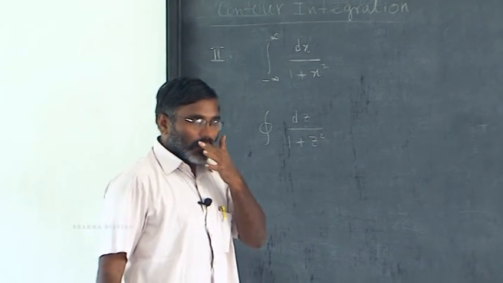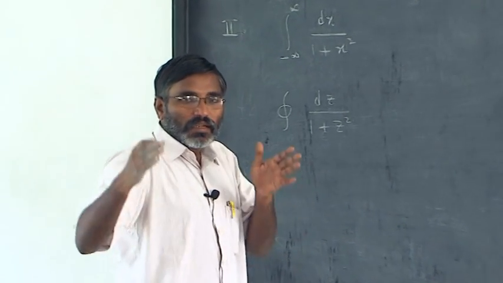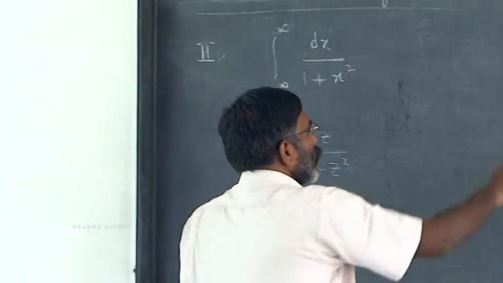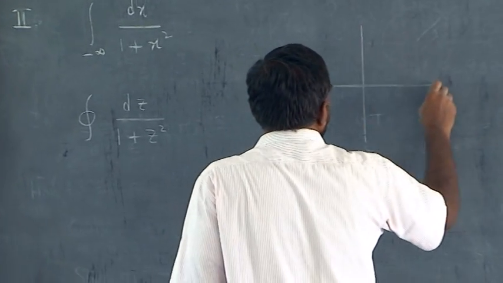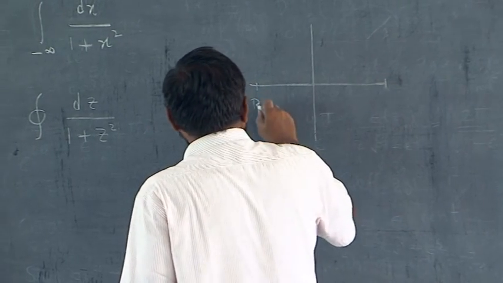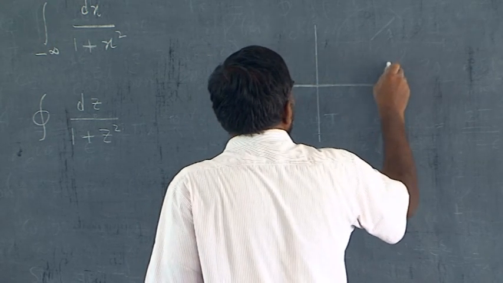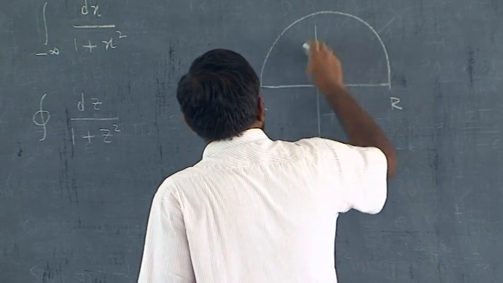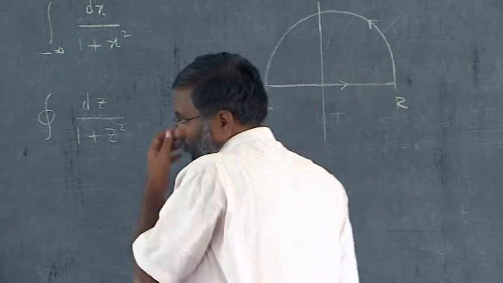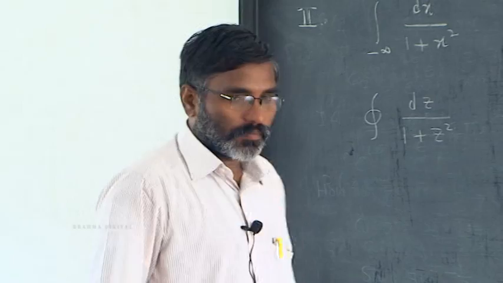Okay. What kind of a contour? I must use a contour in such a way that one part of the contour should be this integral. So, if this is the complex plane, I can choose a contour from minus r to plus r, a contour like this, contour like this, and then eventually take the limit r tending to infinity.